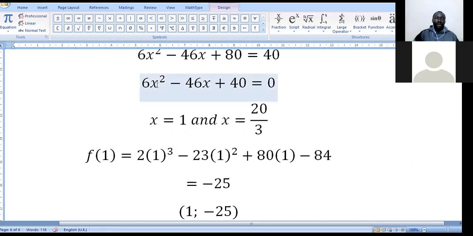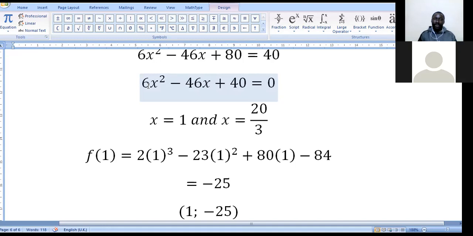So you'll be putting 1 for x here. From 6x squared, this is 6 times 1. I'm not going to write the whole thing now. Typing the equation is very long. So you'll be having 6 times 1 squared, minus 46 times 1, plus 40.